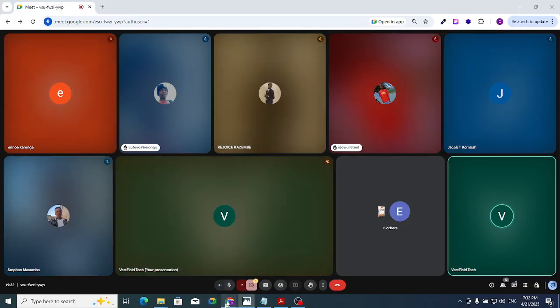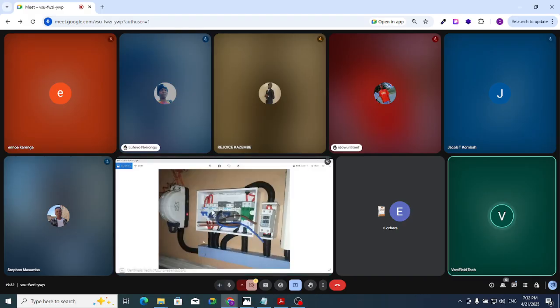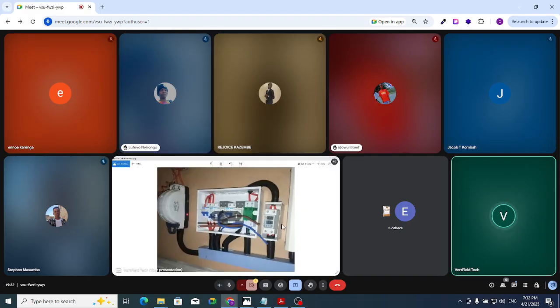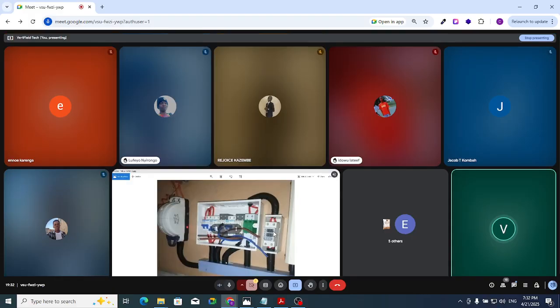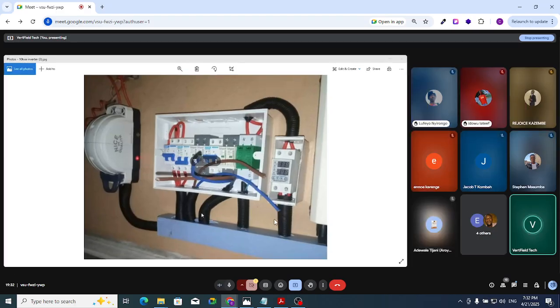On my screen right now, for those of you who can see it, you can see the safety box there. You can see your breakers in the box. You can see your changeover. You can see your voltage monitor, digital voltage monitor or display unit, as it is shown here right now.